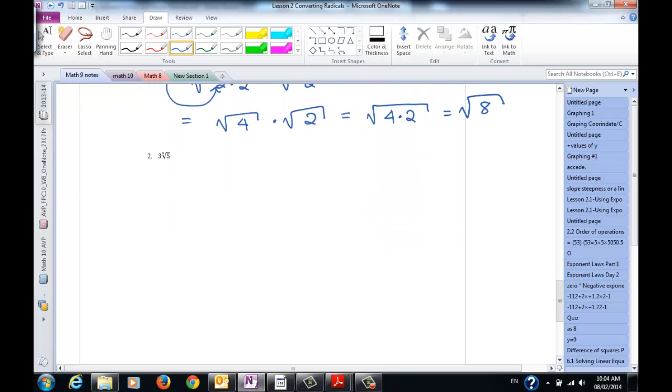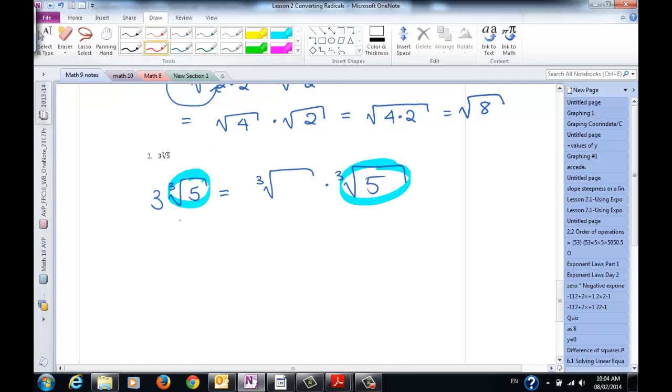Let's do another one. Okay, so here right now I have the 3 multiplied by the cubed root of 5. Okay, I'm trying to get both of them into a cubed root. Right now I have already got this here, but I want to know, how do I get from a 3 into a cubed root?